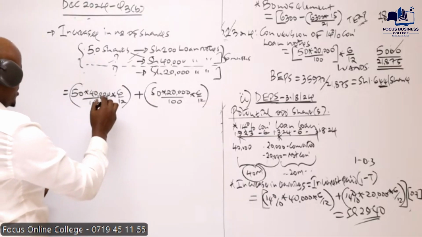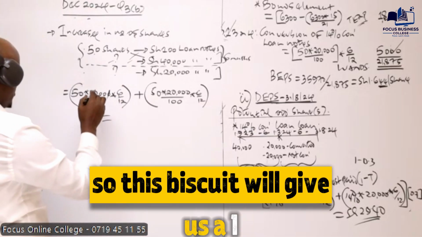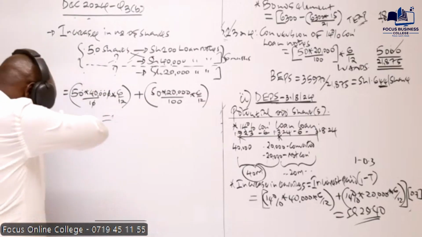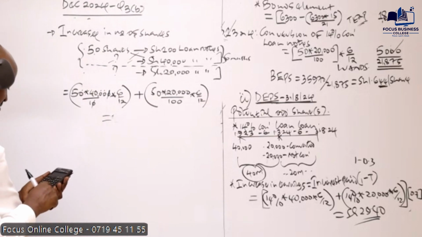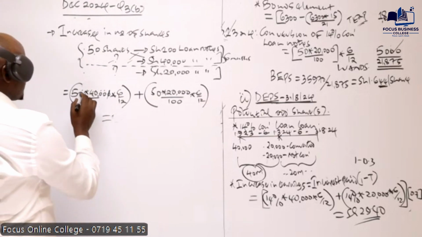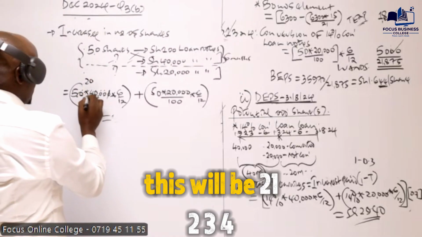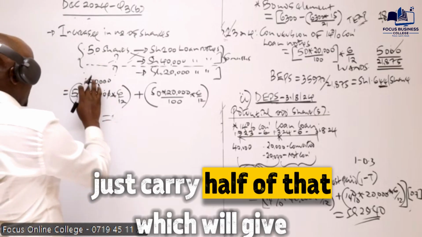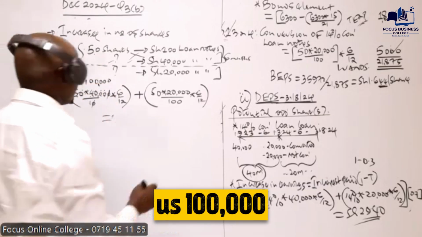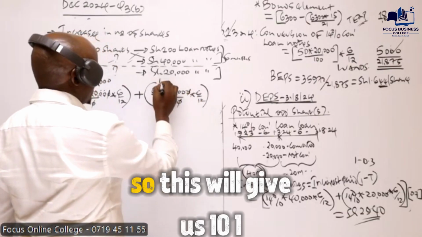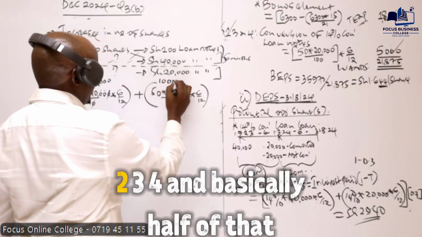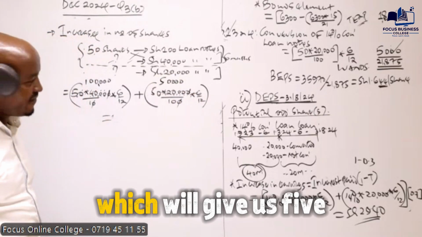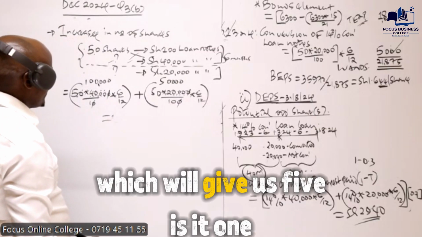So what do we get here? This will be 20, and half of that gives us 100,000. Then this will give us 10, and half of that will give us 5.